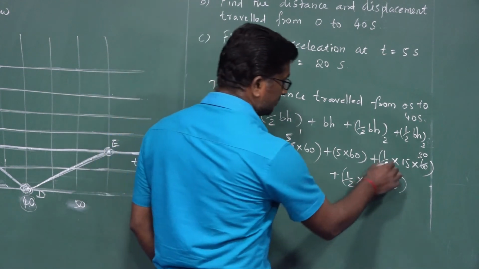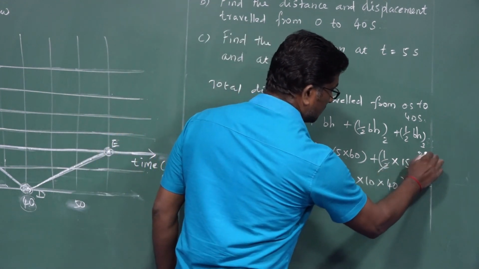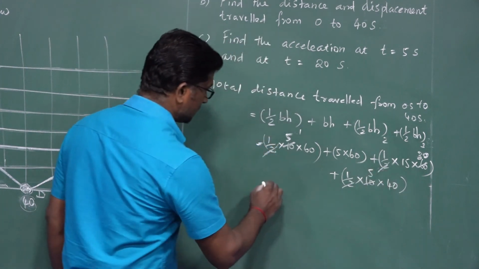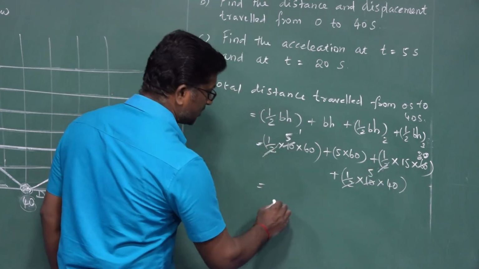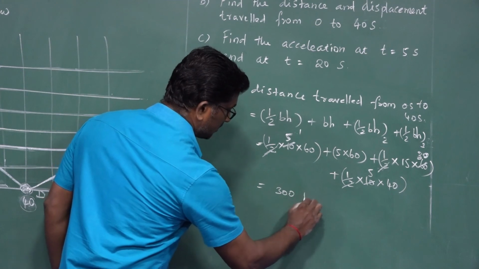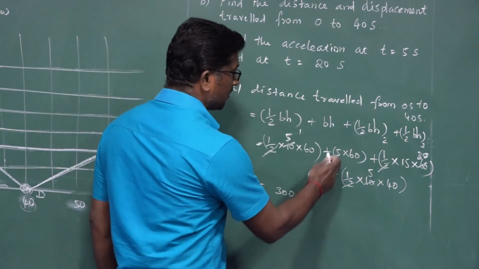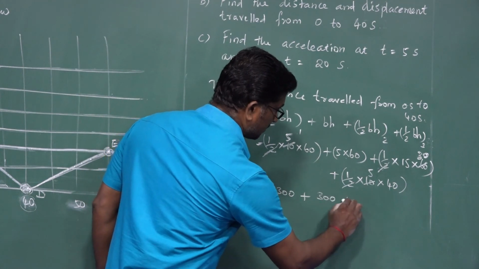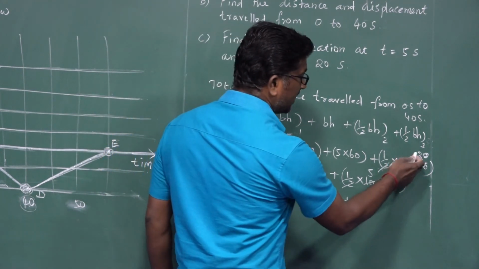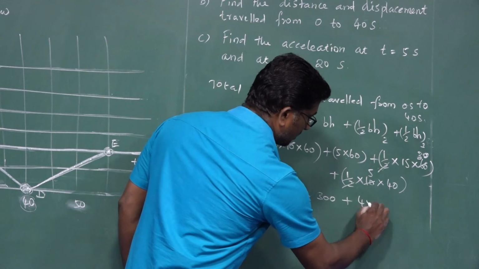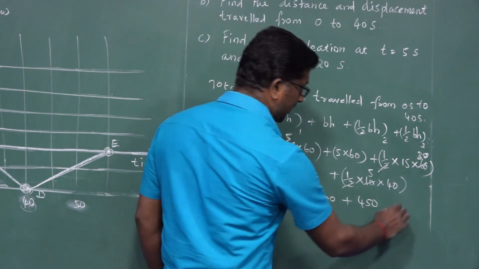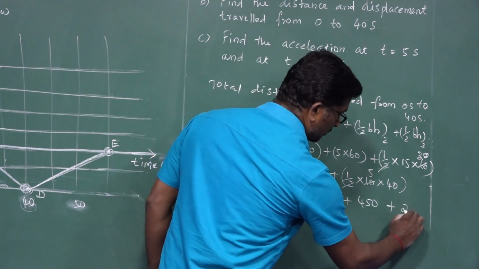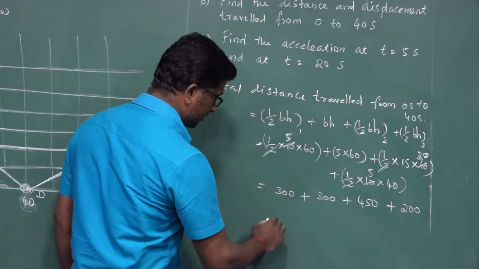Right, simplification. 5 times 60, 300. Next, 15 into 30, 450. And 5 into 40, 200.